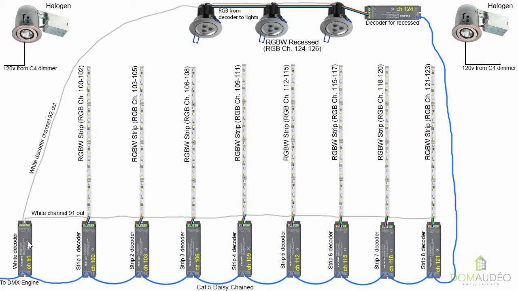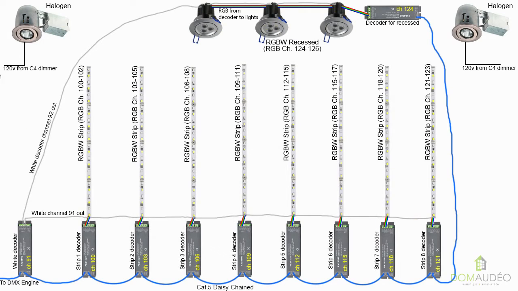An extra decoder is used for the white part, and we are using only 2 channels on this decoder. This is because the white from all the strips is connected to the same channel, and the other channel is connected to the white from the recessed light. So the white from all the strips would be controlled with a single DMX channel.